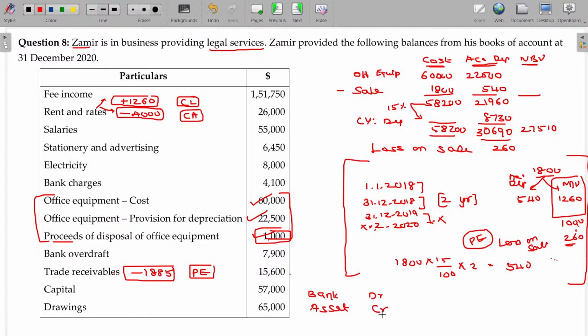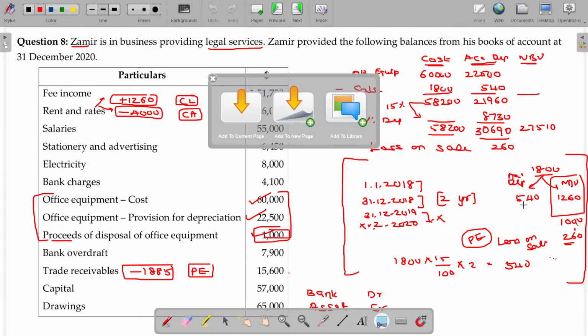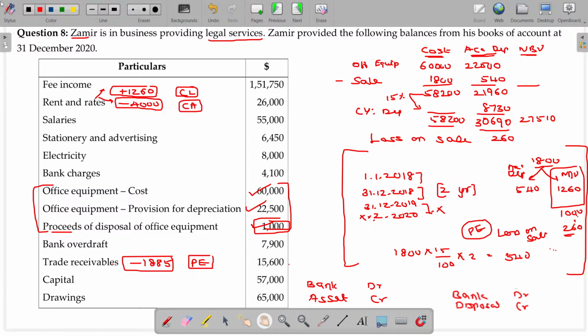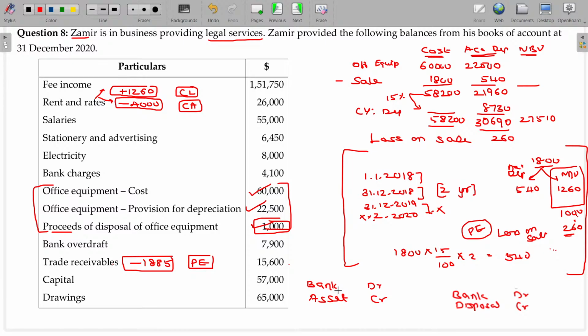That's the format. Let's see what happens here. I am going to do a rectification. The sale proceeds 1,000 are shown this way. This one is debit, this one is credit. This is the correct approach.